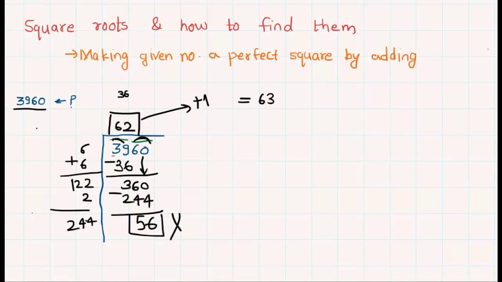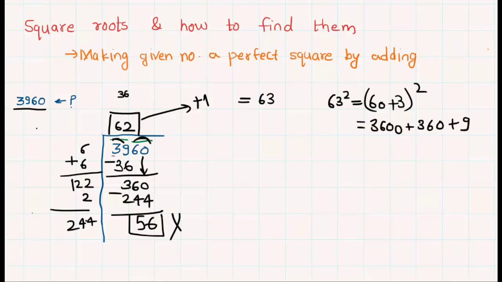And now we find 63 square. How can we find it in an easier way? Yes, we write it as 60 plus 3. So 6 6s are 36, so 3600, plus 6 3s are 18, 2 of them is 360, plus 9.